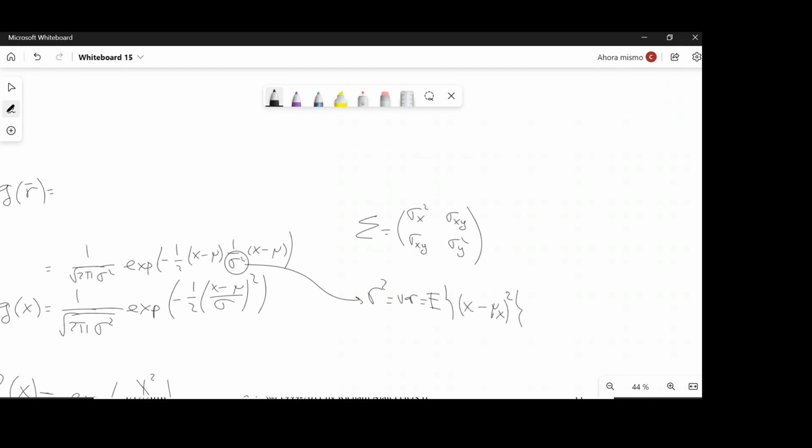Do you remember that? This is defined in this way. This is defined this way, now with y instead of x. What about this one? This one was the expected value of x minus the mean of x, y minus the mean of y.